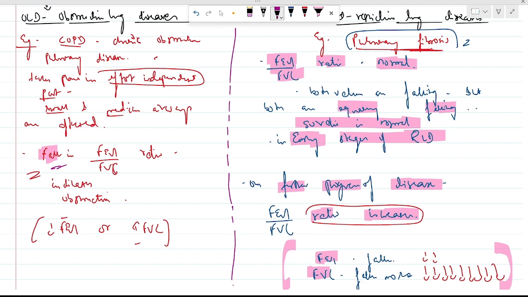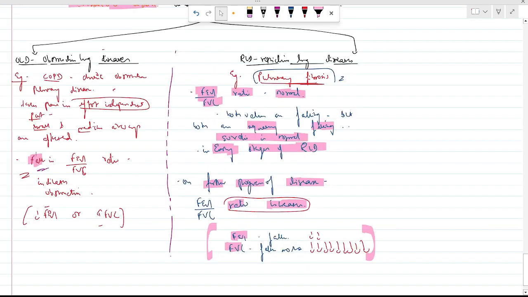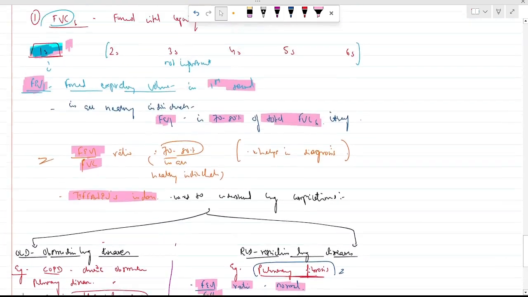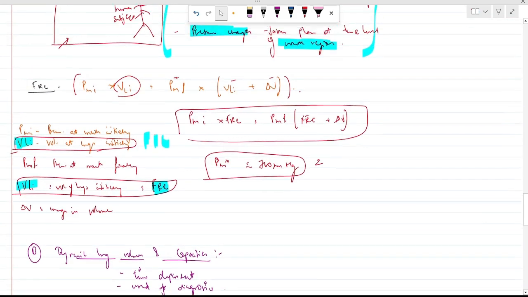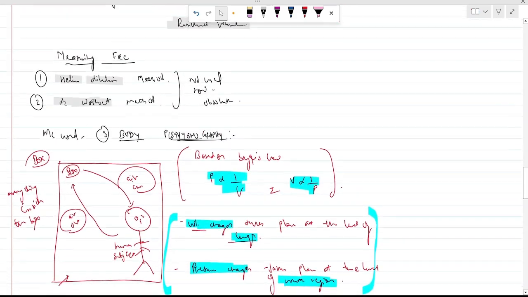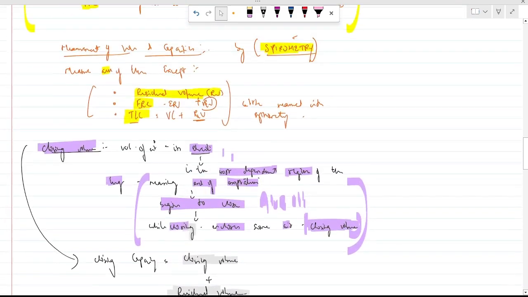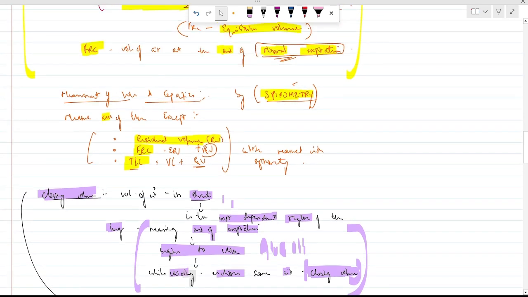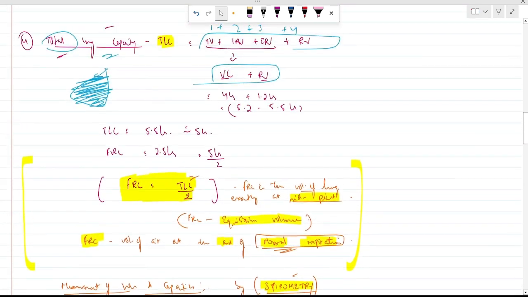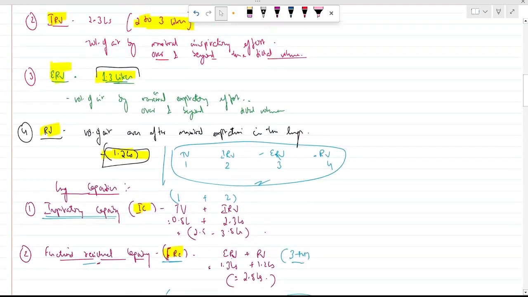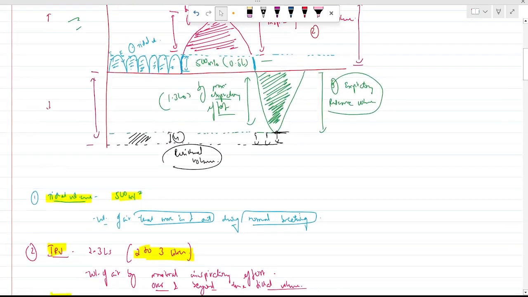So this was our total discussion on lung volumes and capacities. We have seen the lung volumes: tidal volume, inspiratory reserve volume, expiratory reserve volume, and residual volume. Then combining them, we get the capacities. We got the most important one, FRC: how FRC is calculated and why FRC is important. It's the equilibrium volume.